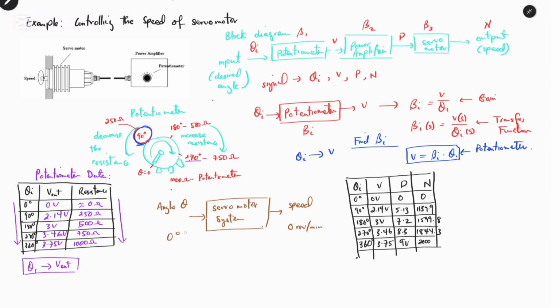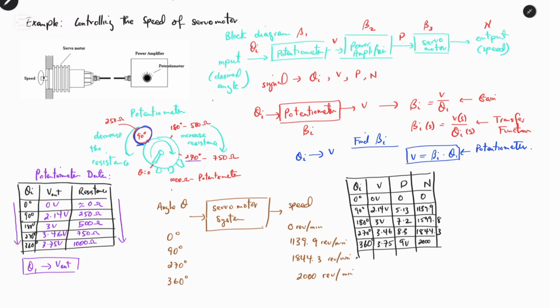When we turn the knob to 90 degrees, the output speed will be 1139.9 revolutions per minute. When we turn the knob to, for example, 270 degrees, the speed will be 1844.3 revolutions per minute. And when we fully turn the knob to 360, we are at the maximum speed, which is 2000 revolutions per minute.